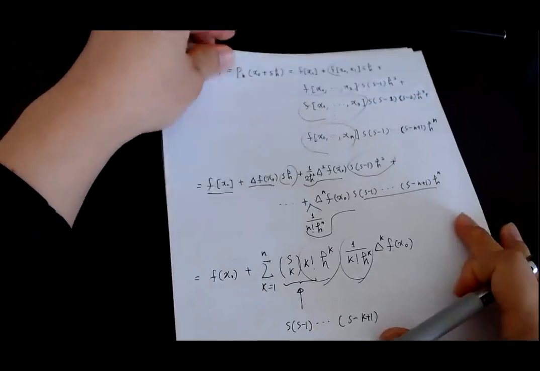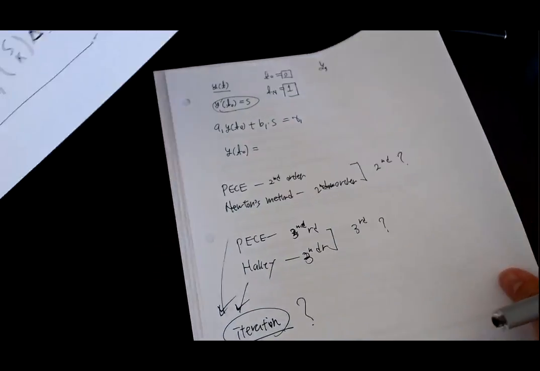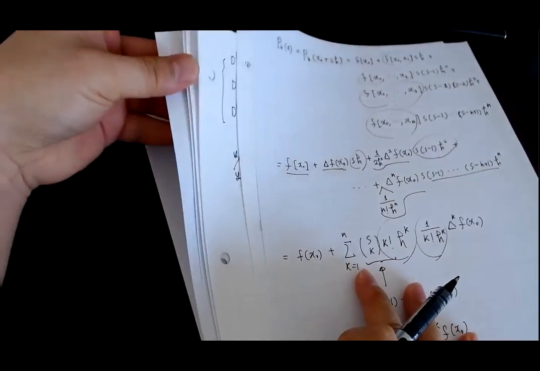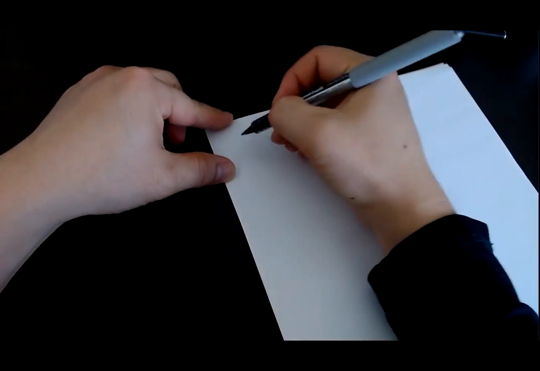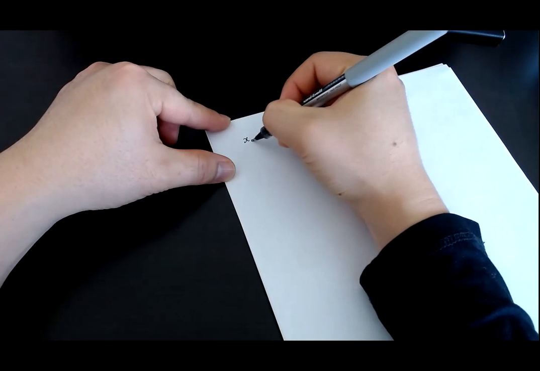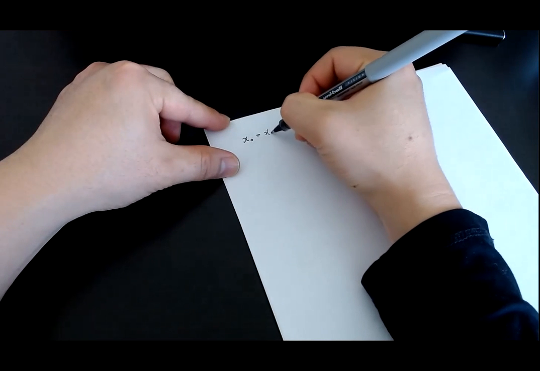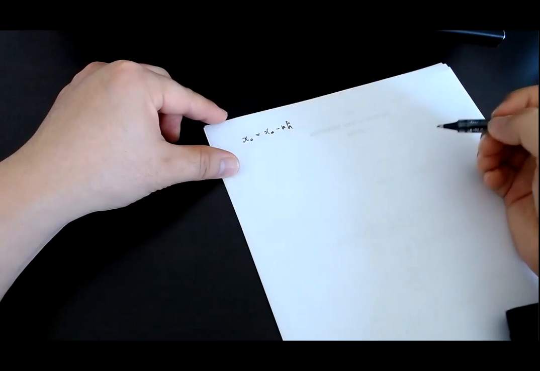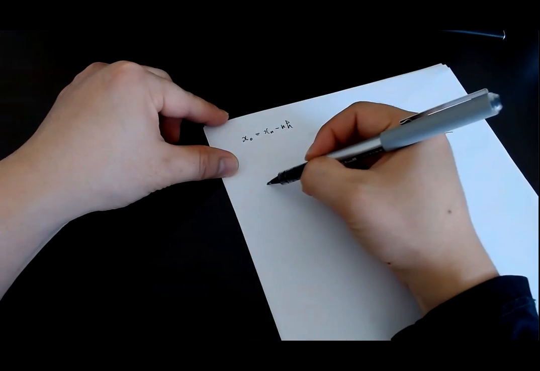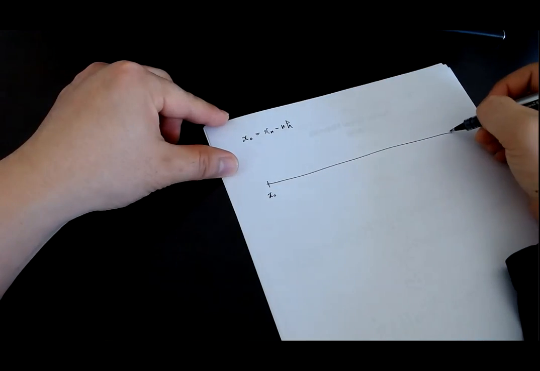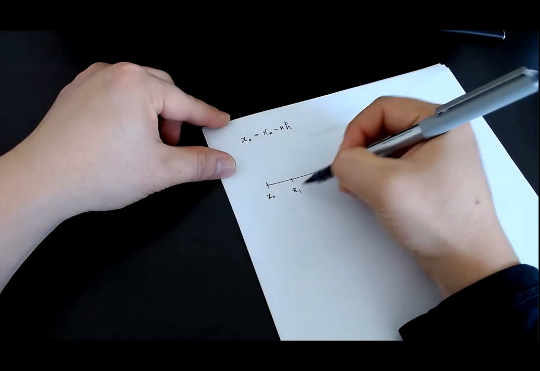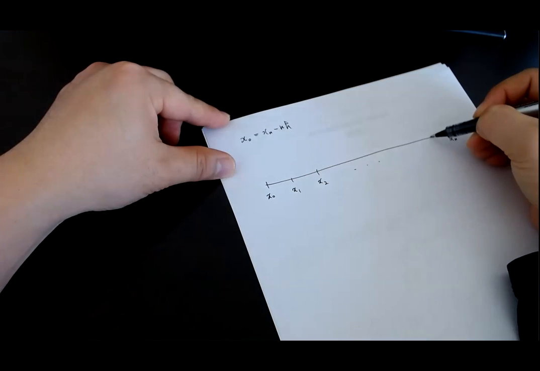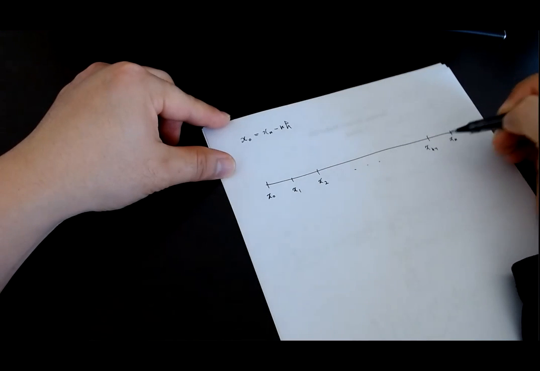So right here is what? This is the... second. So x0 is equal to xn minus n times h. This is x0 and here's xn. Okay. Then here's x1, here's x2, through xn minus 1, right?